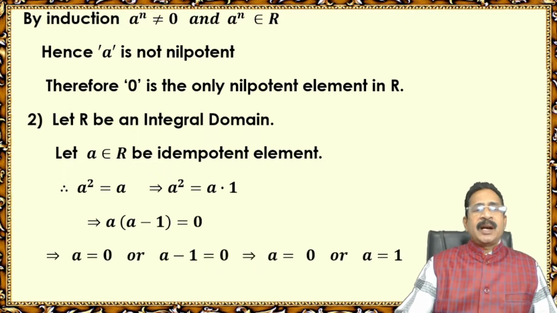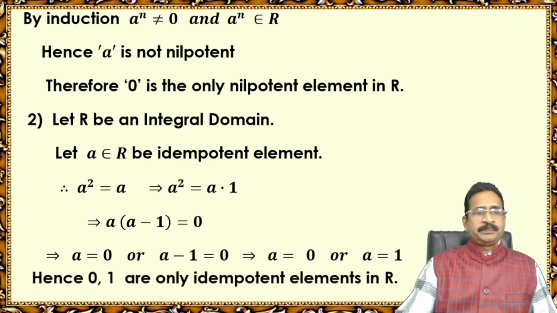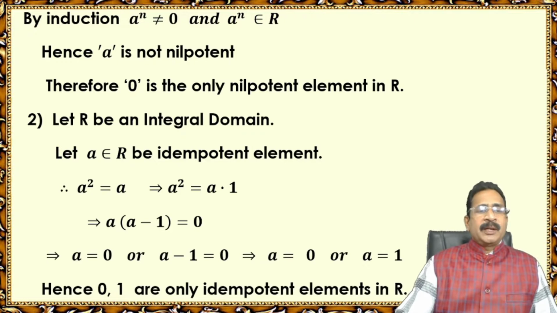Since R is an integral domain, with no zero divisors, you can apply the no zero divisors property. So a is equal to 0 or a minus 1 is equal to 0. This implies either a is 0 or a is equal to 1. So hence 0 and 1 are the only idempotent elements in R.